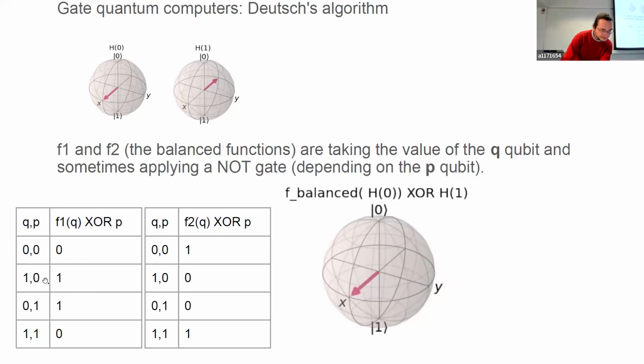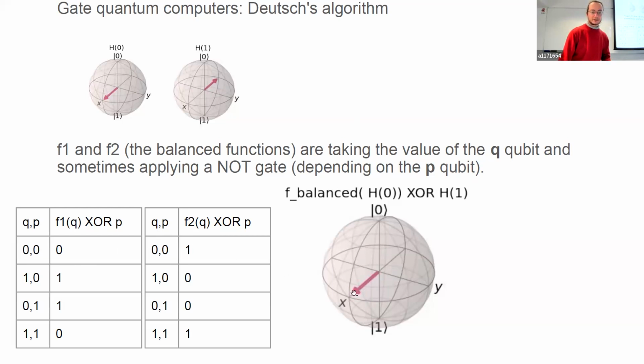And if the P qubit is in the state of 1, then this time F1 flips it and F2 preserves it. So no matter what the state of P is, the balance functions either preserve the value of Q or they apply a NOT gate on it, right?